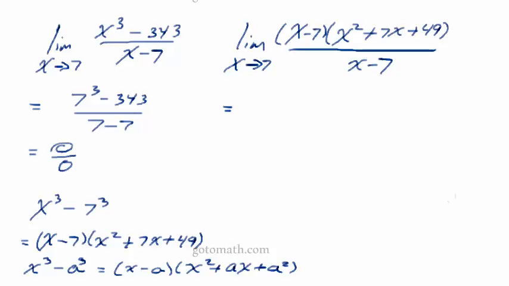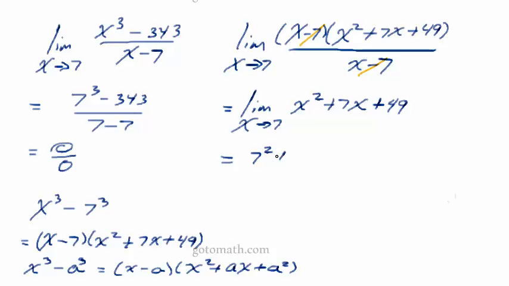Now we can cancel out some like factors there and rewrite this limit again. So we have the limit as x approaches 7 of x squared plus 7x plus 49, and go ahead now and do the direct substitution.